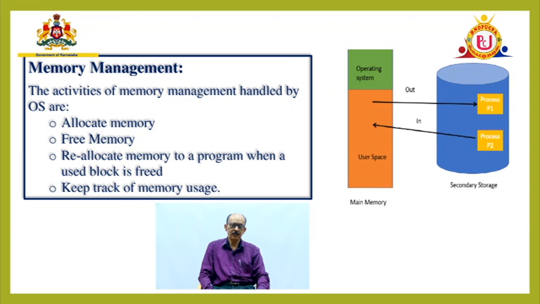Next, we need to know about memory management. You can see the diagram. The main memory is there and different user jobs are there. User jobs will be loaded from the secondary memory to the main memory. At a time, 2 or more jobs cannot be accommodated and executed simultaneously.